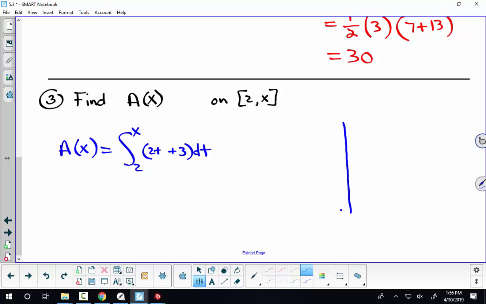So let's just do the same thing here. Let's draw this out from 2 to x. Graph 2t plus 3 again.